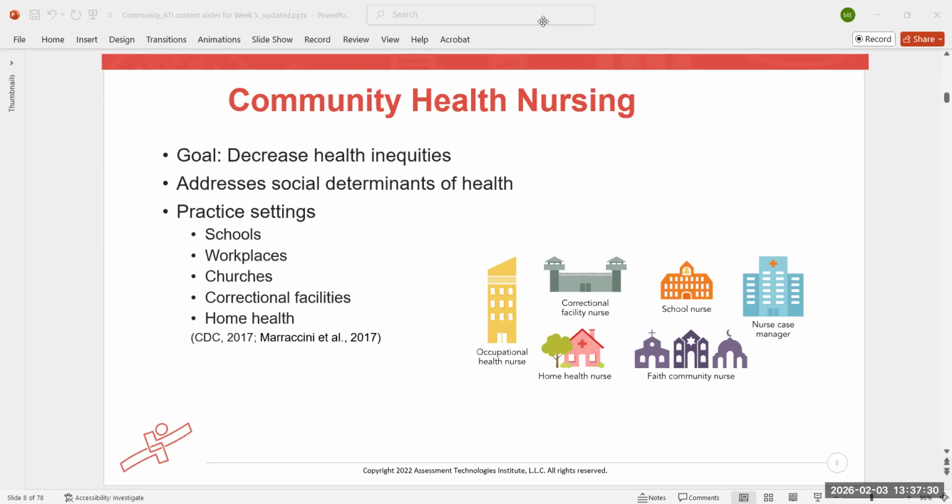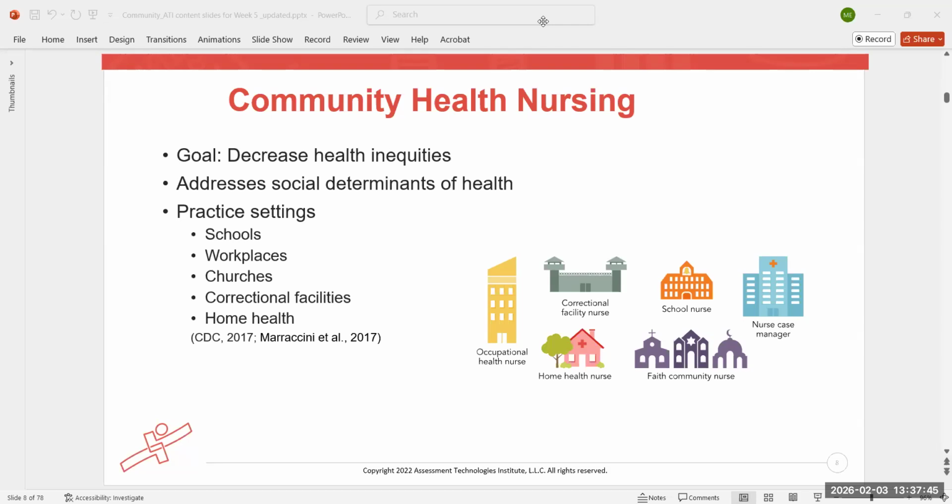Looking at essentials of community health, determinants of health are factors that are going to affect one's health. They could be client factors or environmental factors.